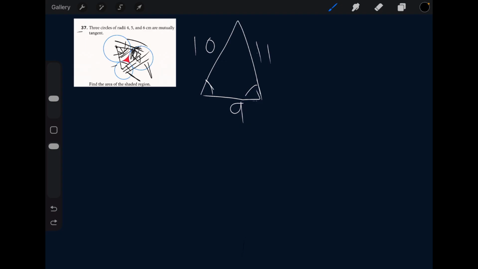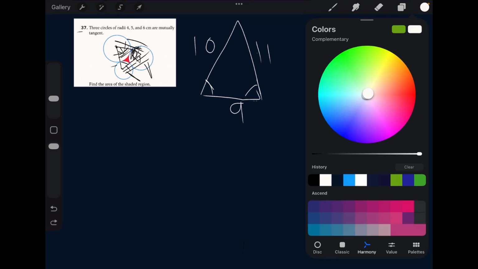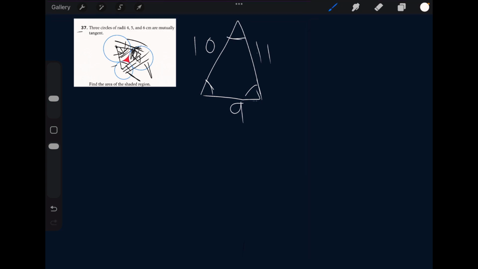Okay, so before we find the different angles, I want to show you how we can find the area of this triangle. If we want to find the area of this triangle right here, and we have the three different sides, then we can find the area by doing this.